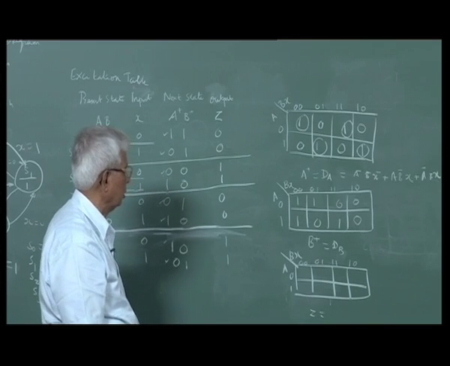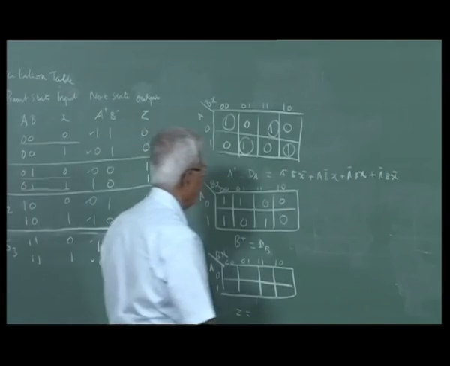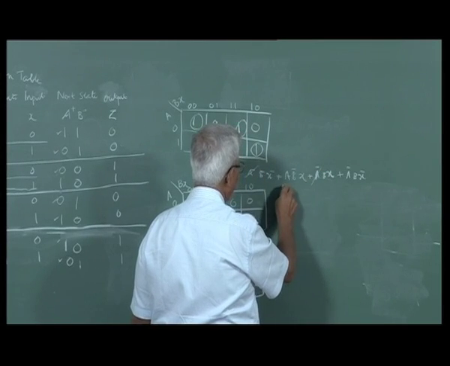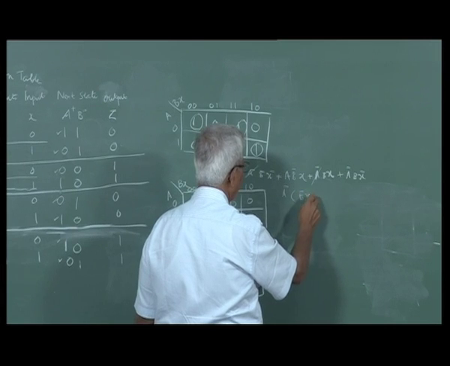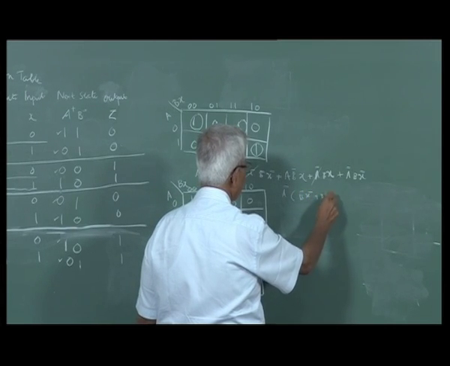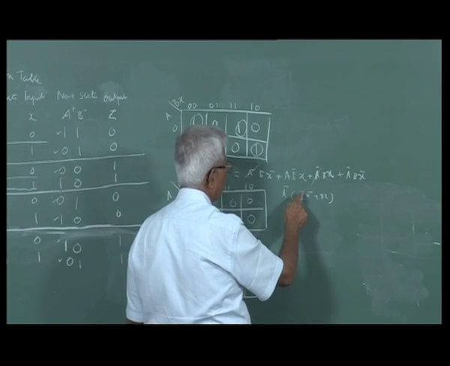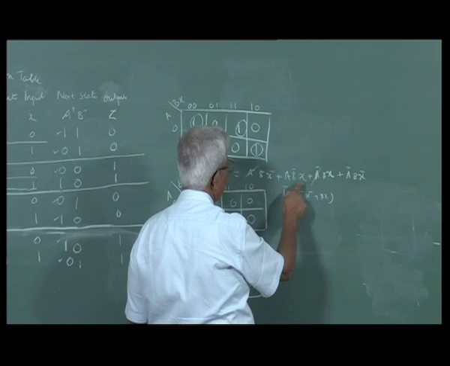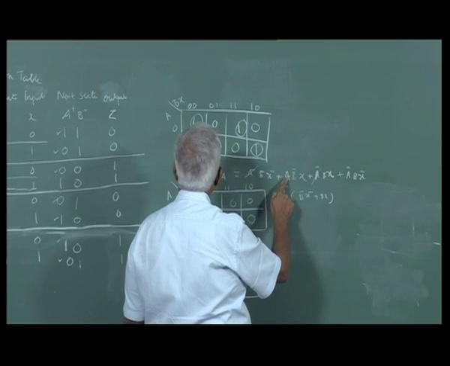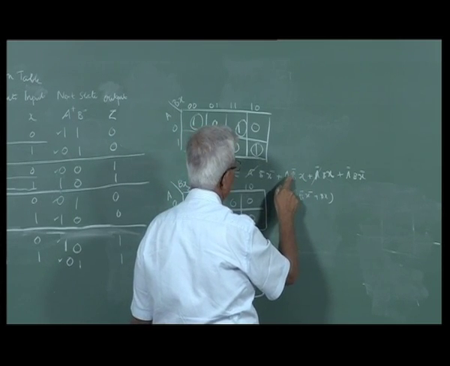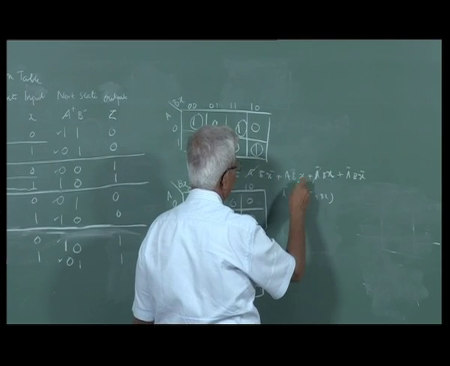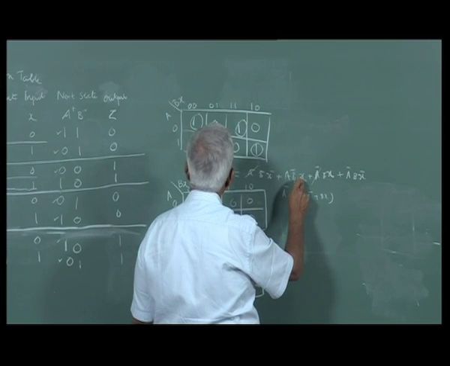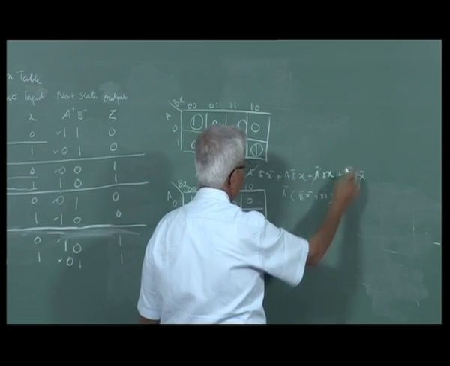A bar Bx bar. Now, if you take out Bx bar, A bar from this and this, A bar times B bar X bar plus Bx, and you take X from these two, it will be A, B, A, B bar X, A Bx bar.